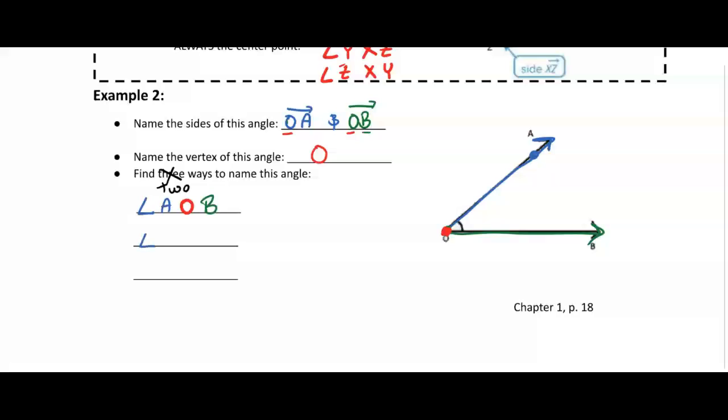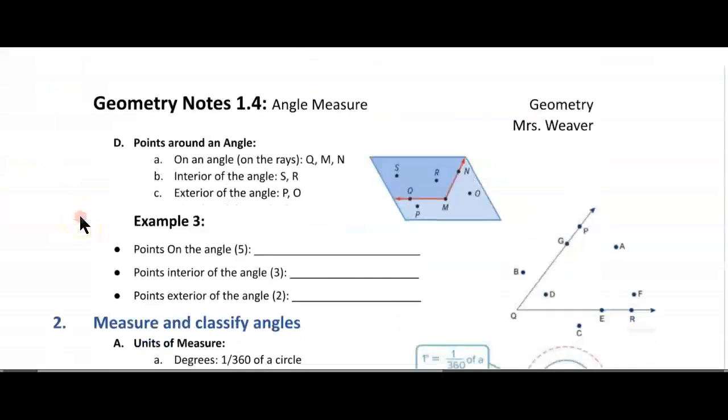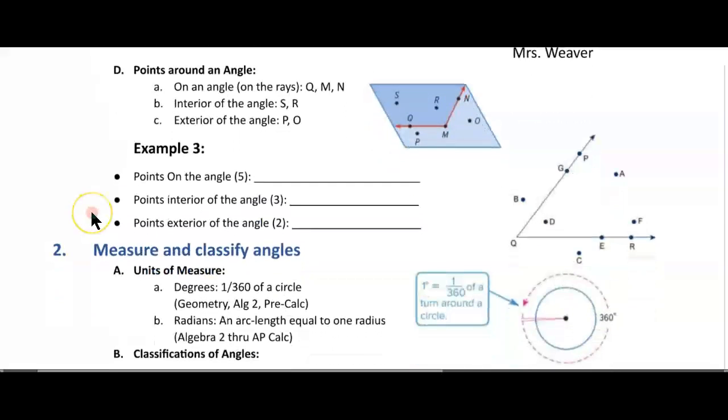I could also name this the other way around as long as my vertex O is still in the center. Angle BOA. Both of these are good. I could write these the long way as angle AOB if, for instance, I'm in a situation where I need to type instead of being able to use the angle marker.